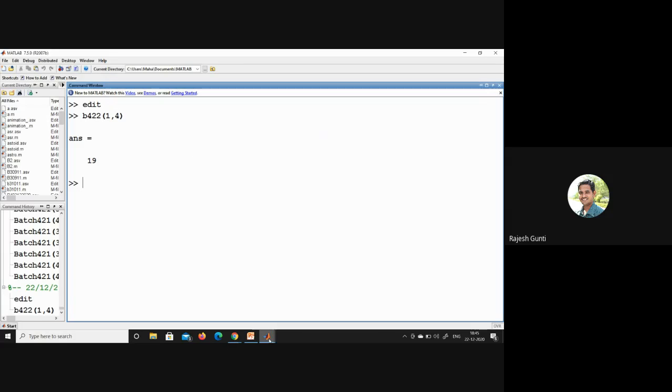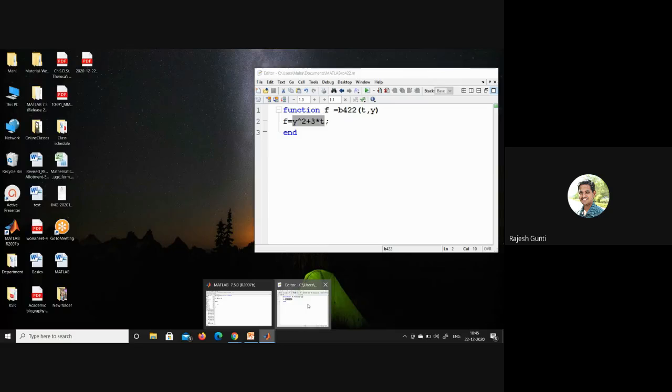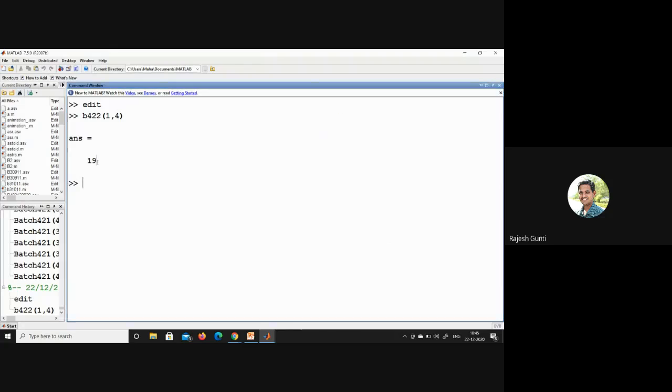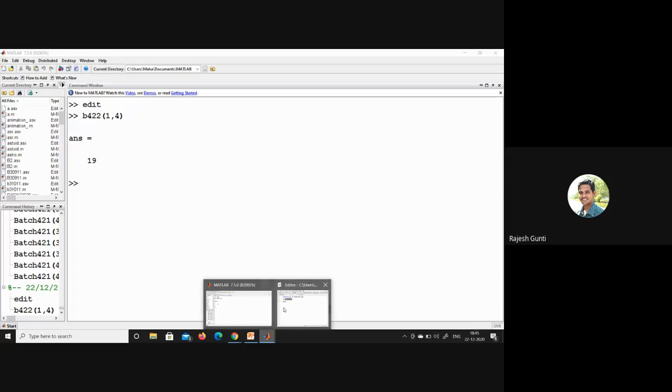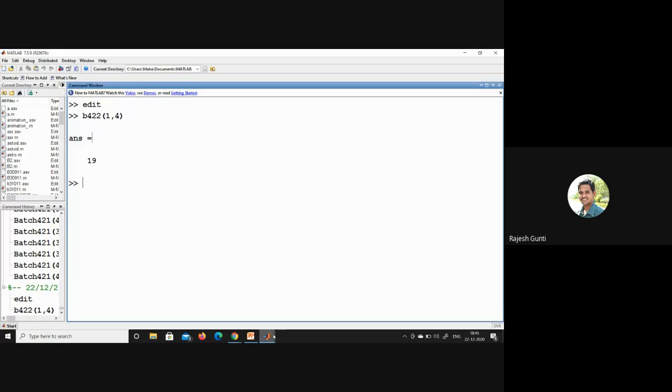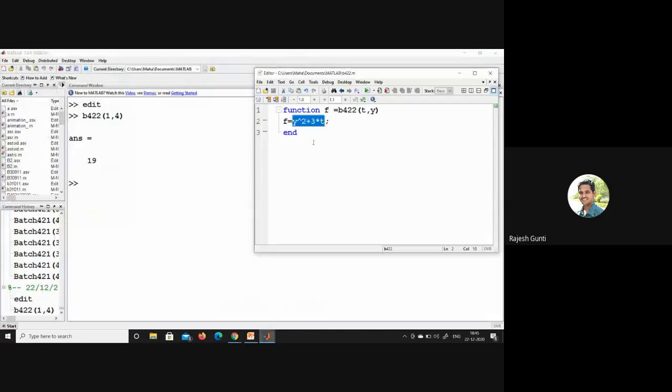That is the output value, which is assigned to the F value.